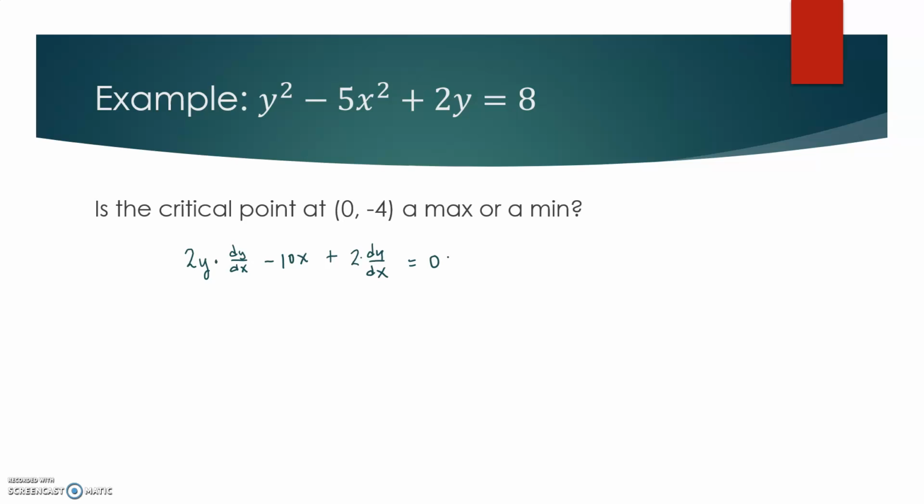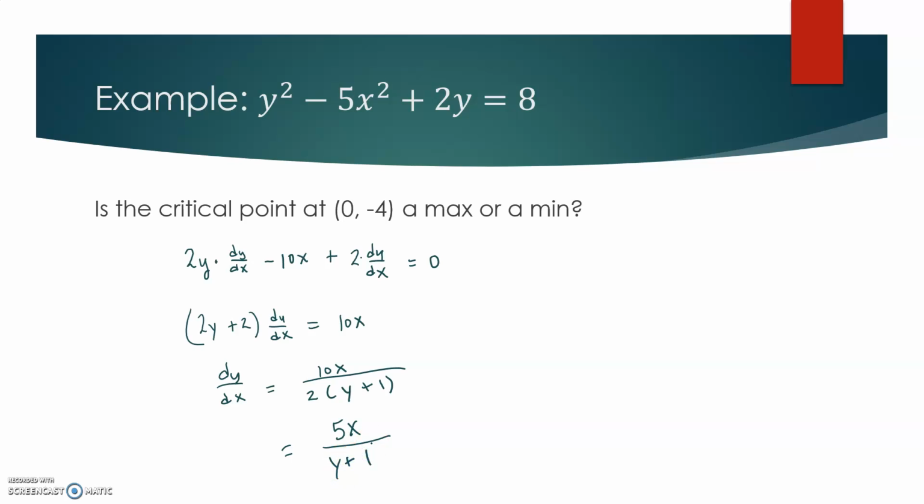I'm going to move the 10x over, so I have (2y plus 2) dy/dx equals 10x, and then I'll divide. dy/dx is equal to 10x over 2 times (y plus 1), and I can factor a 2 out of that, so I have 5x over (y plus 1).